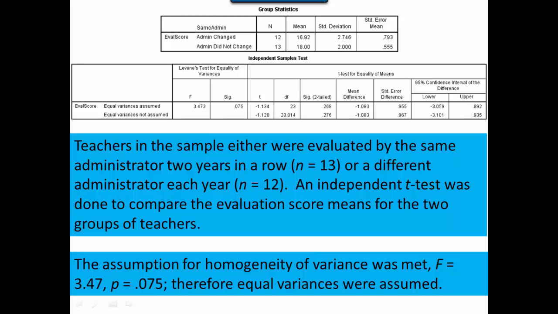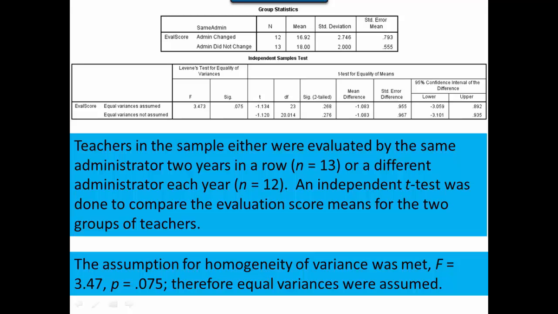Teachers in the sample were either evaluated by the same administrator 2 years in a row, n equals 13, or a different administrator each year, n equals 12. That either makes them independent samples. So an independent t-test was done to compare the evaluation score means for the two groups of teachers.